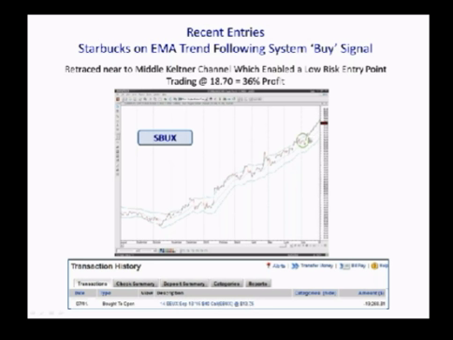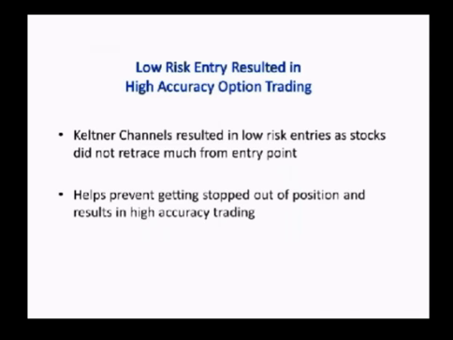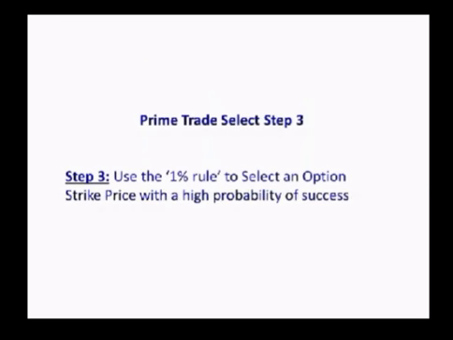So this is just another example of timing the entry, and then this trade worked out because the stock continued to rally after we purchased the call options. And when you do this, if you can get a low risk entry, then that helps you prevent being stopped out of the trade and results in higher accuracy trading.